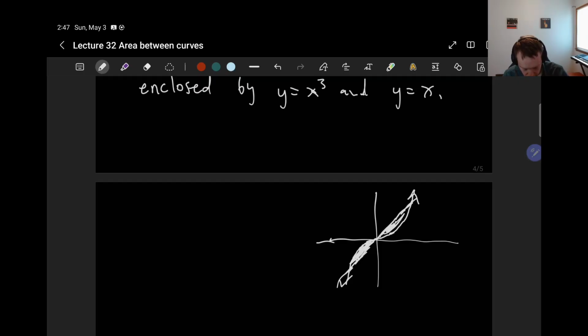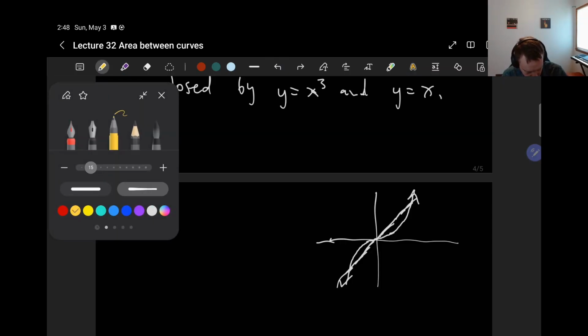So you have this little switcheroo going on. When we're on the left here, it's the x cubed curve that's on top. That might be easier to see if I just shade with a different color.